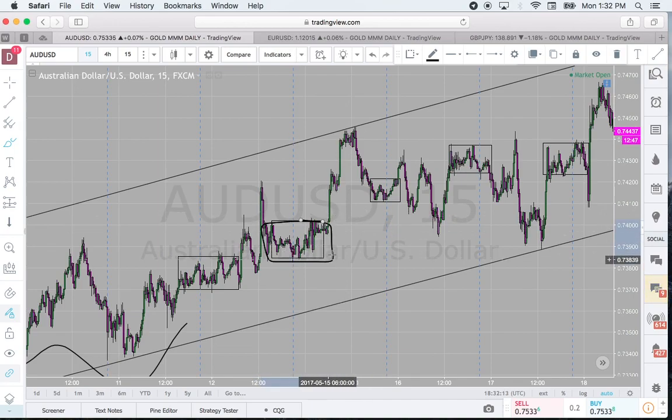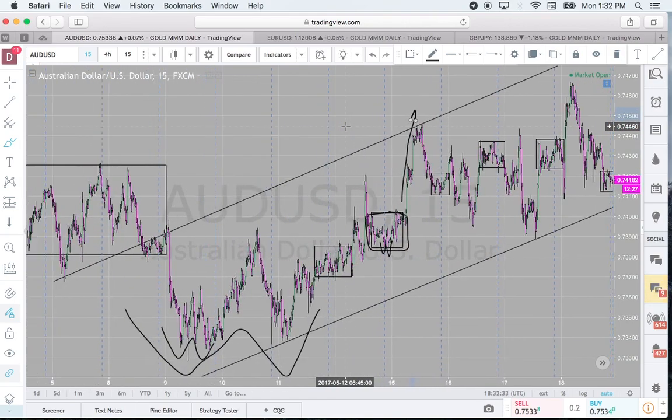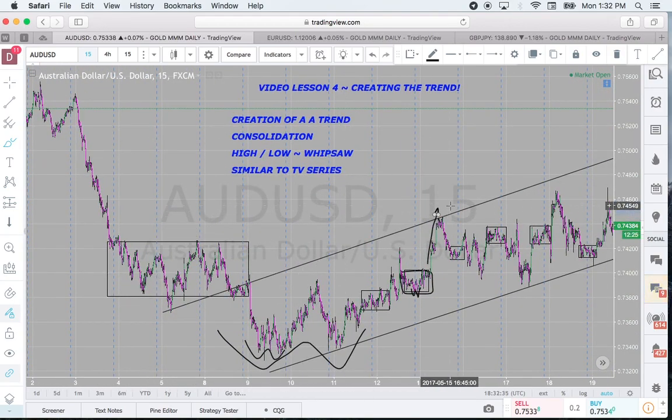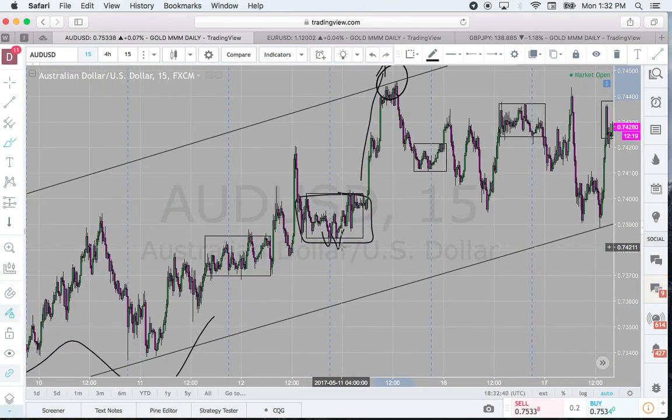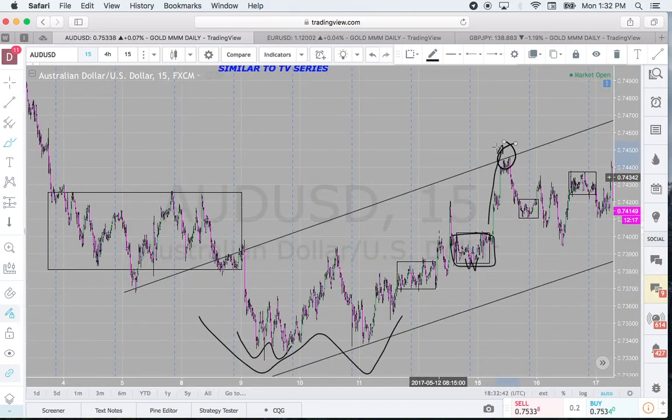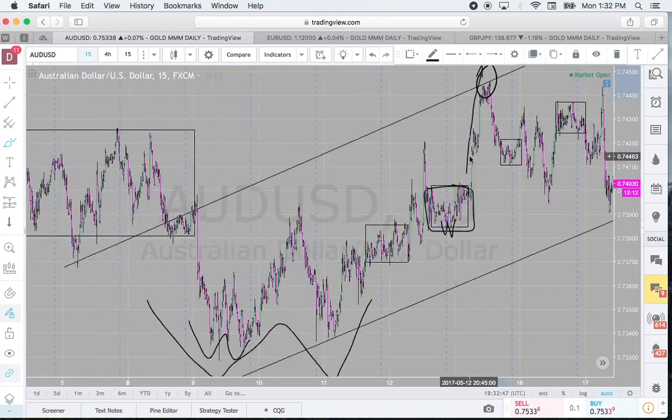The dealer created an imbalance in either buyers or sellers, and then he moved the market upwards in the direction that he wanted to go, in his intended direction, to then meet this channel of resistance here. Support, resistance, whatever you'd like to call it.